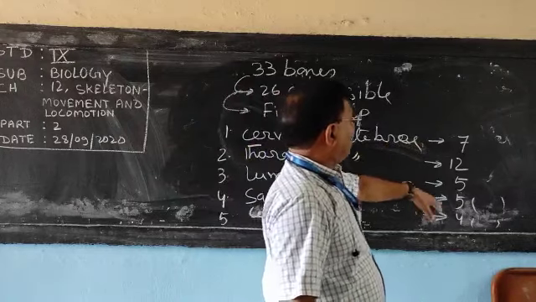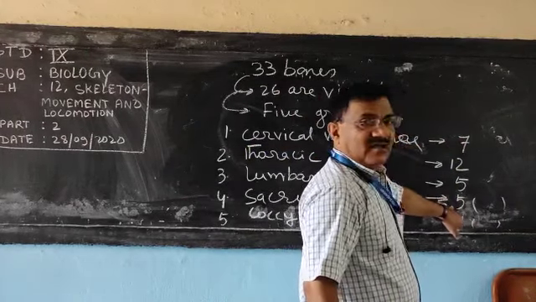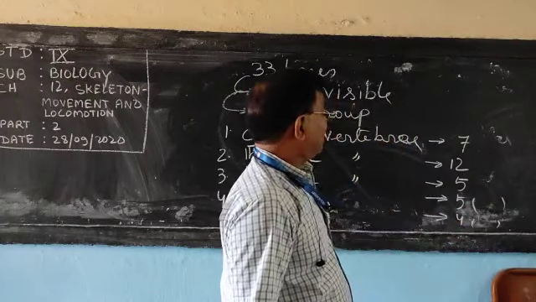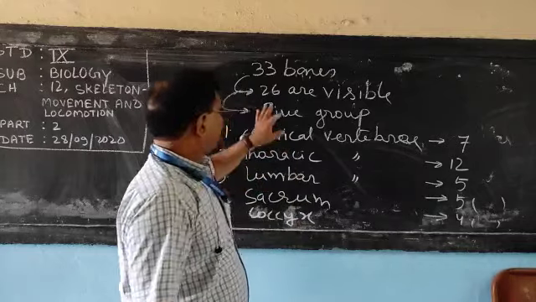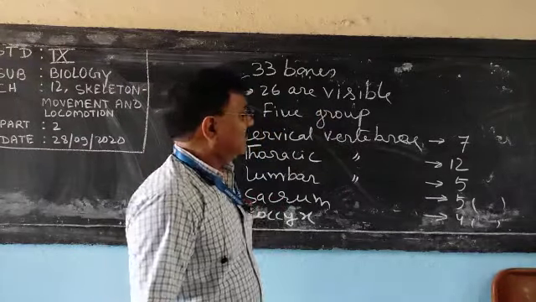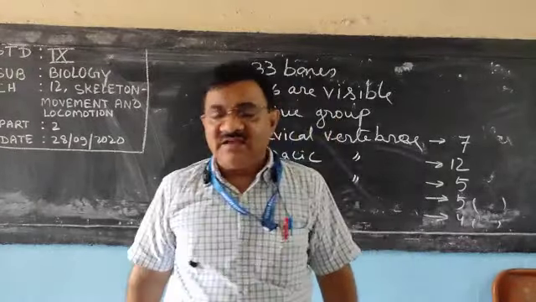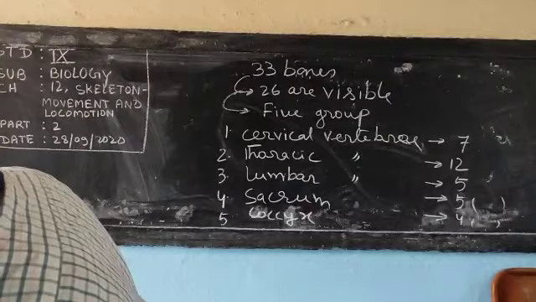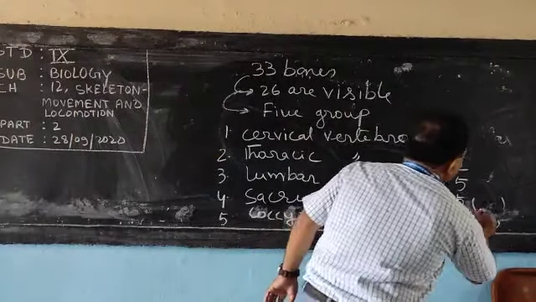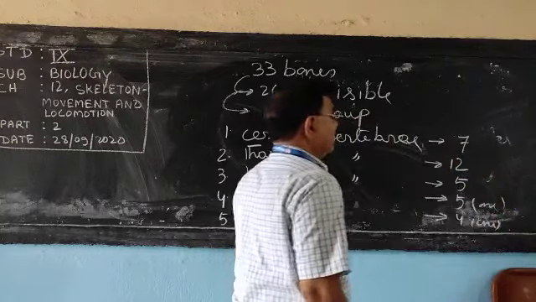So total when you do 12 plus 7, 19, 19 plus 5 is 24, plus 5 is 29, and 4, 33. But what I have told you is that only 26 are visible. The sacrum fuses to form a single bone, and the coccyx fuses to form 1 bone.